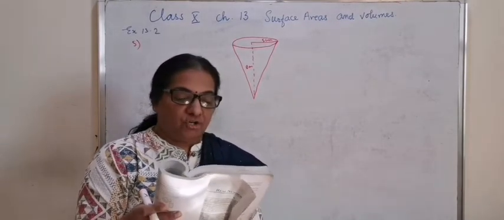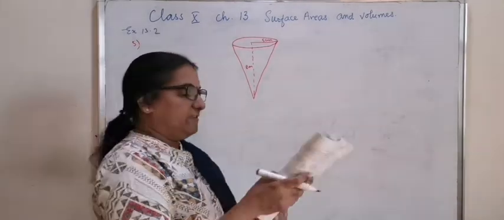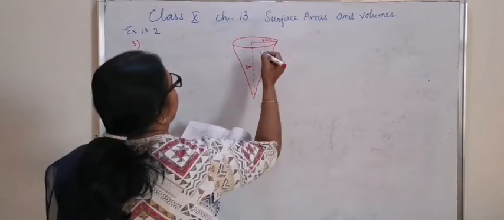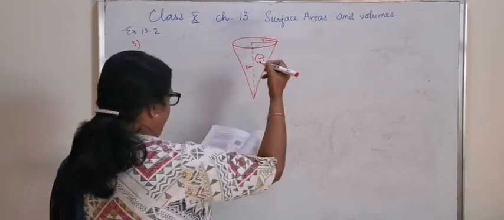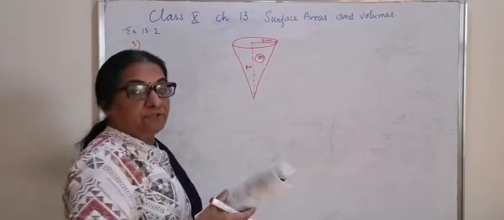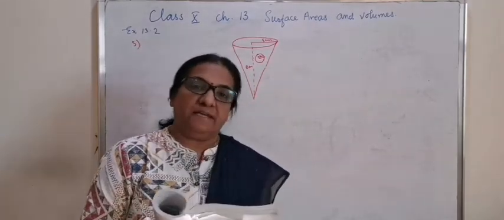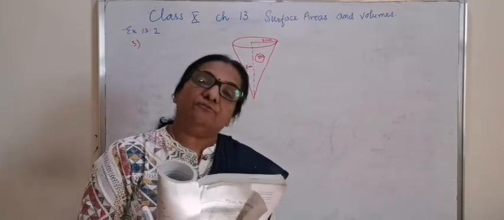When lead shots, each of which is a sphere of radius 0.5 centimeter, are dropped into it, we don't know how many lead shots have been immersed. 1/4 of the water flows out.